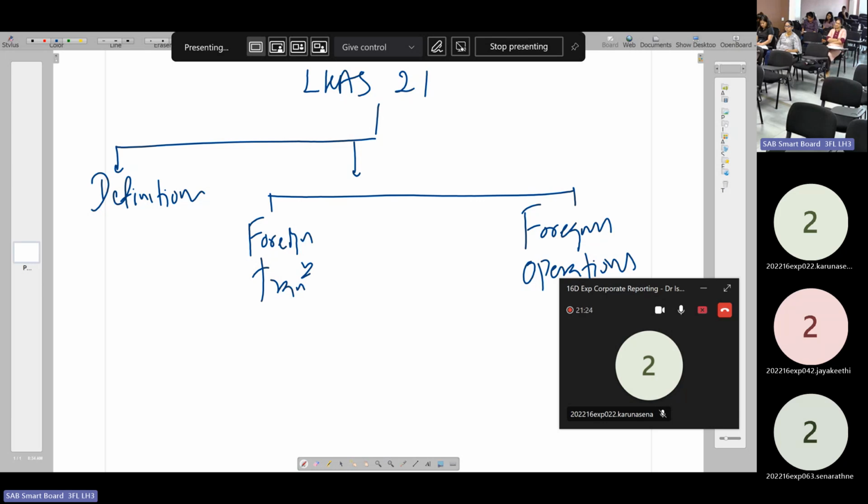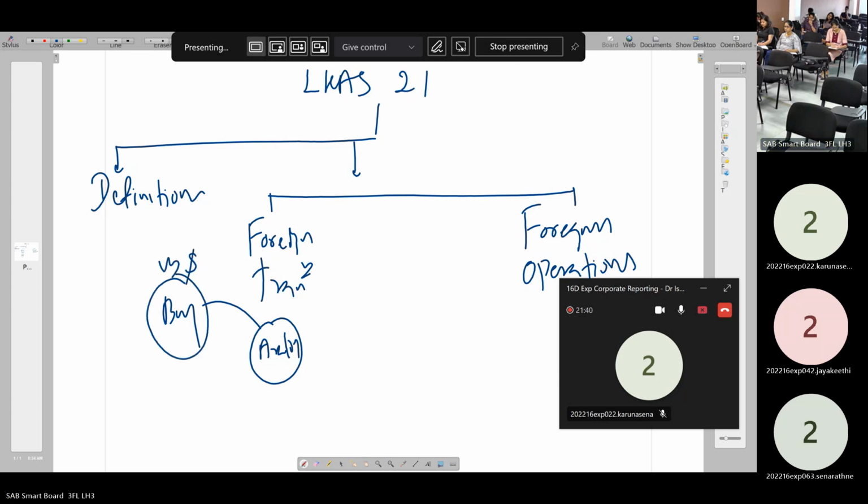We need to translate. Now, for instance, an entity can buy goods from other countries. Let's say the currency would be US dollars. We need to pay 5,000 US dollars.